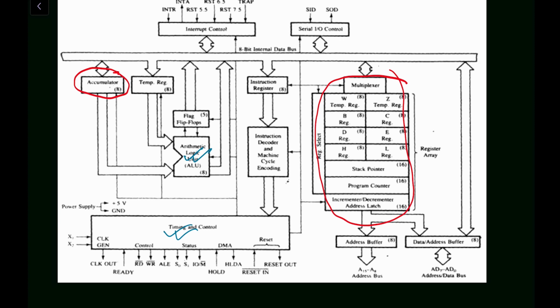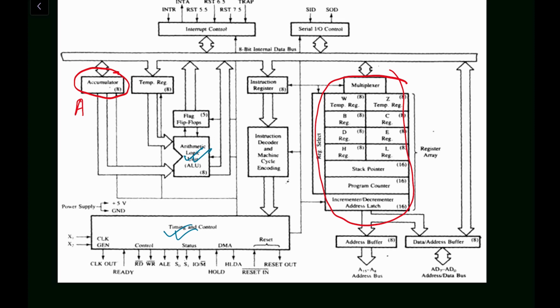So the accumulator is the 8-bit register associated with the ALU, that is the arithmetic and logical unit. This register is denoted with capital A in the 8085 microprocessor. It is used to hold one of the operands. Operand means the data on which the operation is going to be performed. It holds one of the operands in the arithmetic or logical operation.